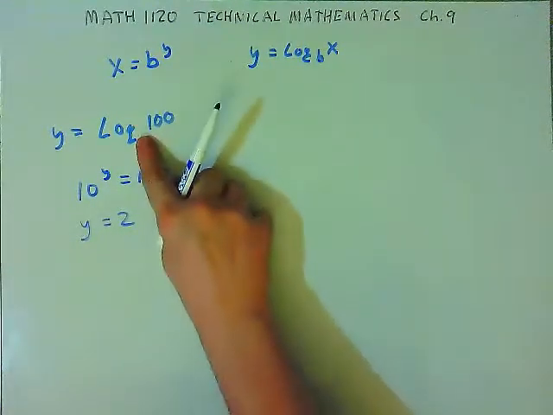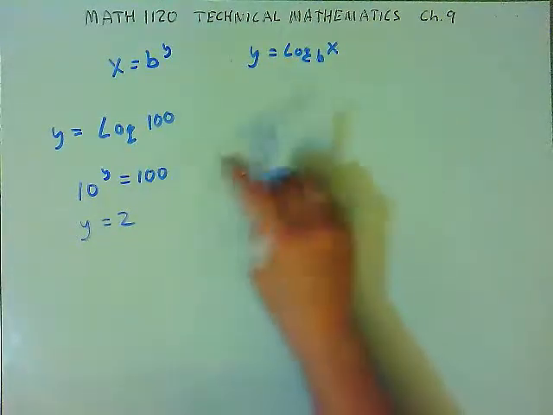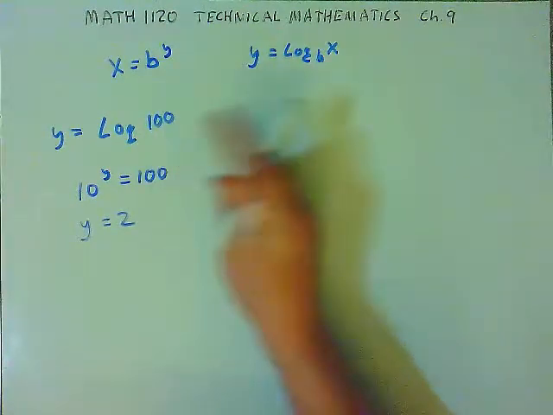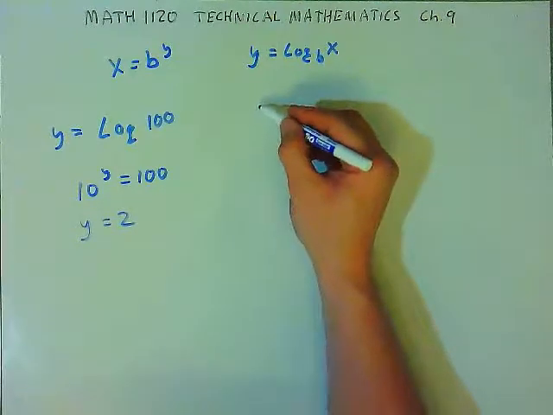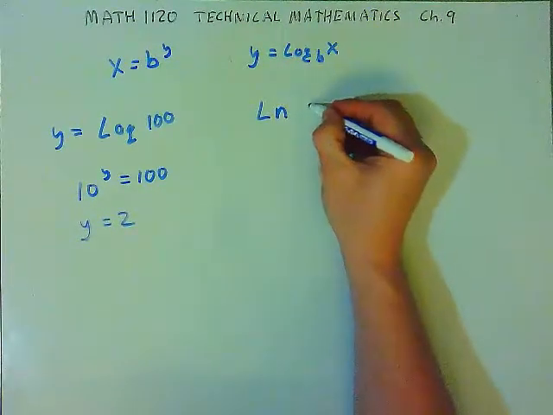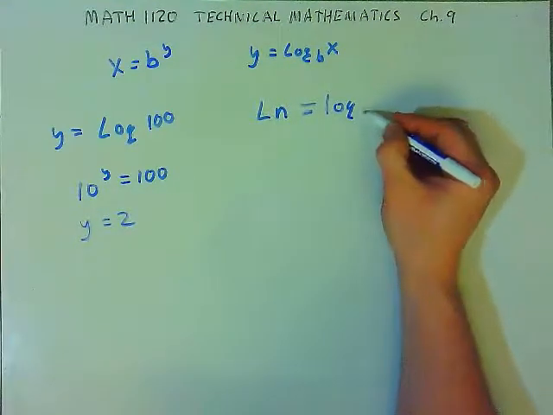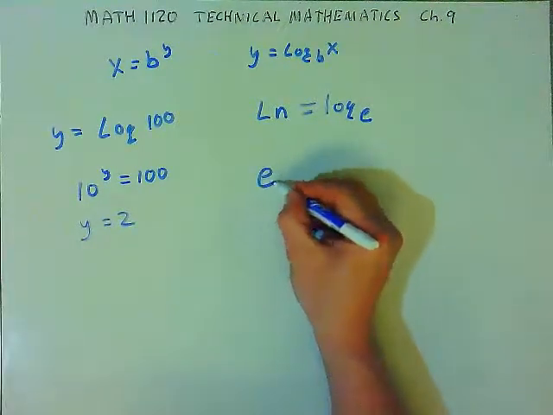So my point is that anytime you see a logarithm written without a base, the base is going to be 10. Now we also have another common base that we use very often. We'll talk about it in later sections, and that is the natural logarithm, which we abbreviate Ln. Ln is the same thing as saying the logarithm where the base is e, and e is Euler's number.